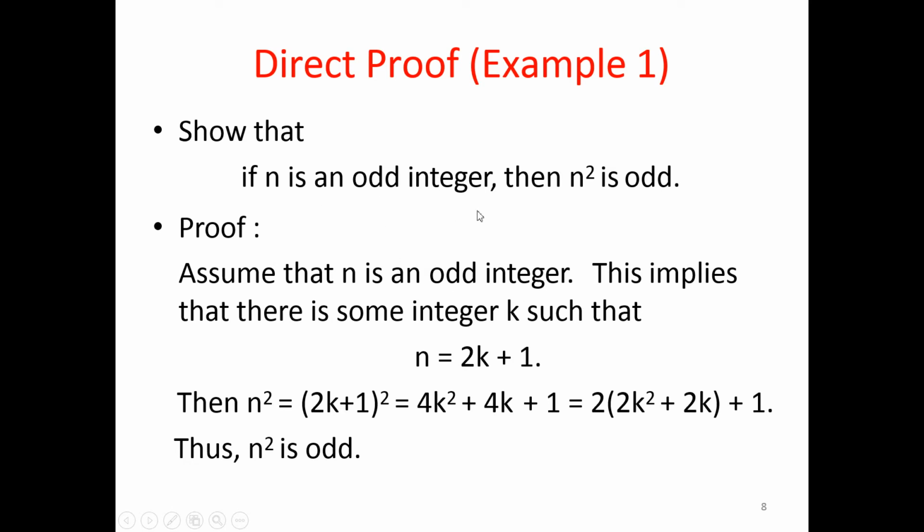Now since n is an odd integer, n can be written as 2k plus 1, where k is any integer. Now squaring both sides, we have n squared equal to (2k plus 1) squared, which is equal to 4k squared plus 4k plus 1. And by taking 2 common from the first two terms, we have 2 times (2k squared plus 2k) plus 1. And this is an odd number. So this implies n squared is odd.